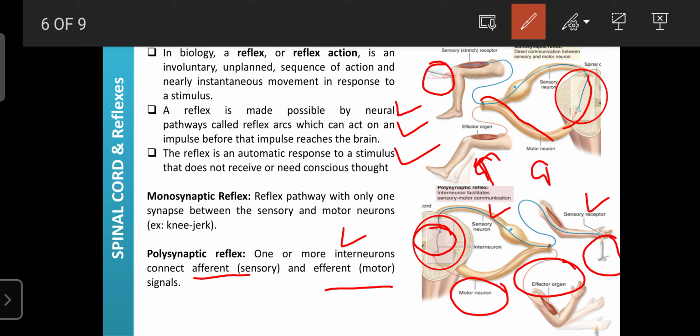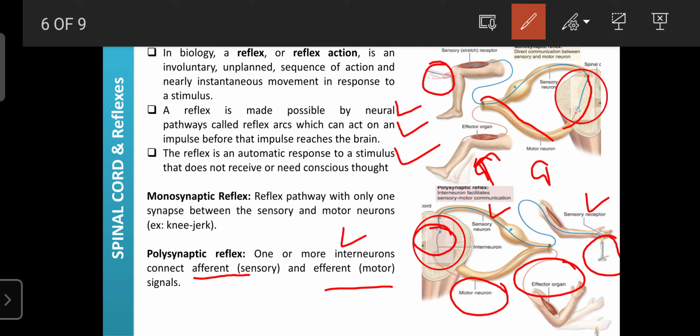And certain reflexes occur without involvement of interneurons. The sensory message is conveyed directly to the motor neurons. The sensory neuron can convey the sensation directly to the motor neurons without involvement of any interneurons, and such reflexes are known as monosynaptic reflexes. Reflexes involving interneurons are known as polysynaptic reflexes.